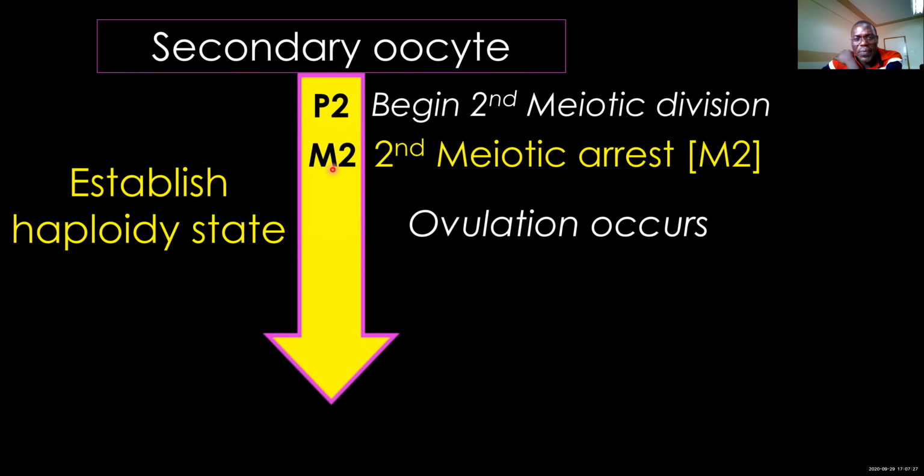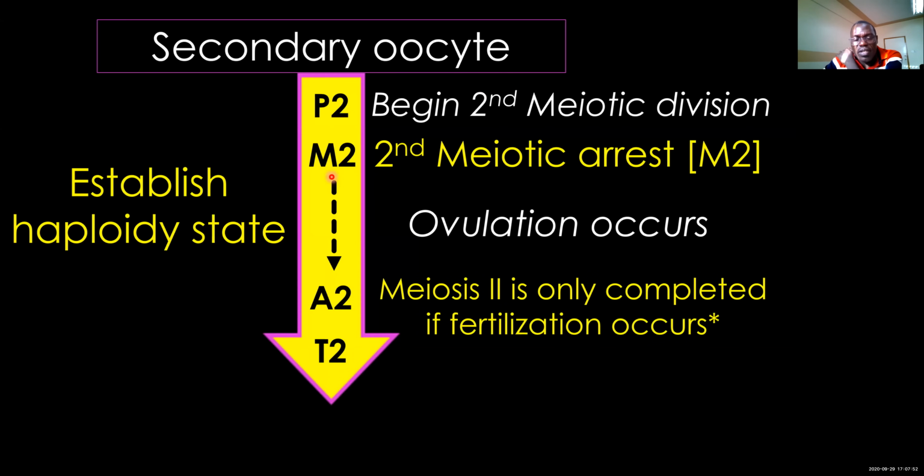Now, why do I say so? The prerequisite for the secondary oocyte to complete the second meiotic division is if a sperm enters that secondary oocyte. I didn't say if a sperm enters a vagina. I said if a sperm enters the secondary oocyte, if fertilization occurs.